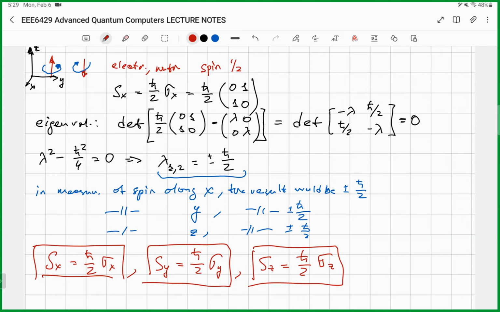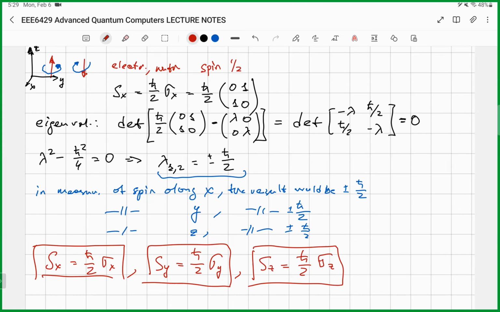Fortunately, all the particles that we deal with are either spin 1/2 or 1, and basically that's it. Especially for quantum computing, the vast majority of systems have either spin 1/2 or 1.